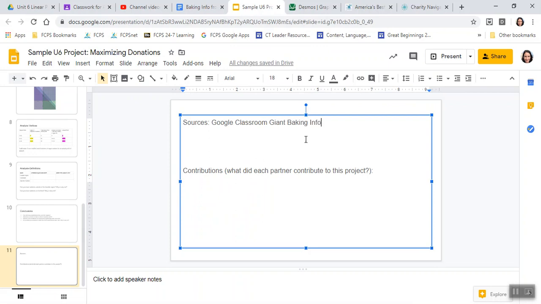But if you also looked up some information online, you can put the rest of your sources here. Contributions, if you did a solo project, you don't need to put this here. If you worked with a partner, then you need to write what each partner contributed to the project. And that's it.